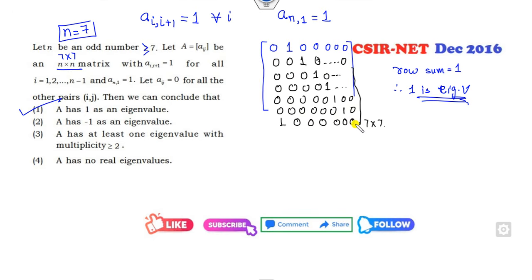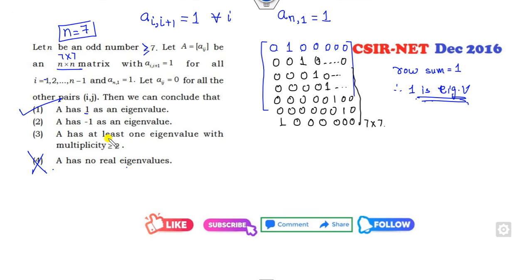No, the last one is 1, 2, 3, 4, 5, 6, 7. No, the column sum is not 1. The row sum is 1, so 1 is an eigenvalue. Minus 1, A has no real eigenvalue, that's wrong, because I got 1 as an eigenvalue. This option is cancelled. A has at least one eigenvalue with multiplicity greater than 2.